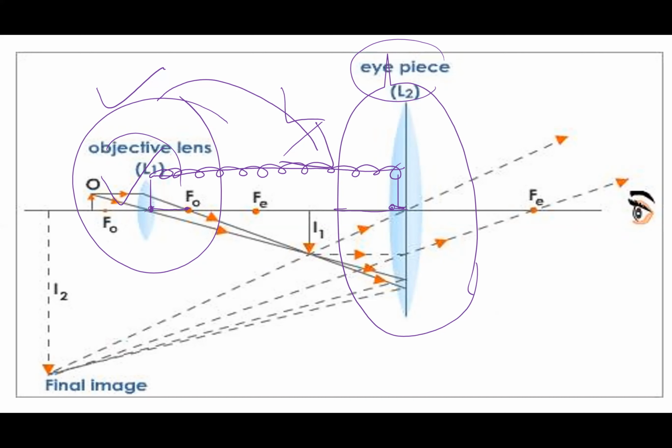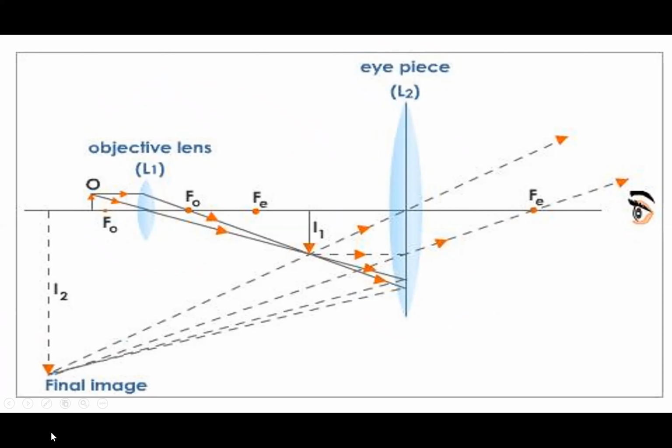Now, I will explain the ray diagram. Here the light ray is coming parallel to the principal axis. After refraction, it will pass through the focus point of the objective lens and travel in this direction.